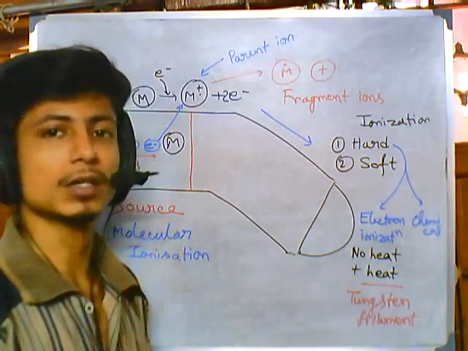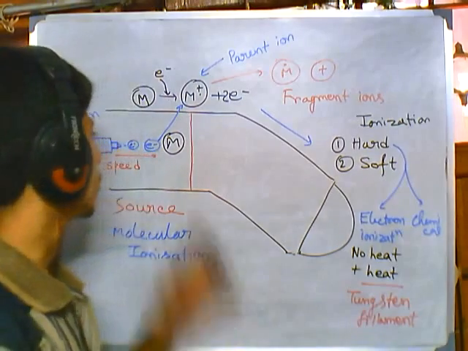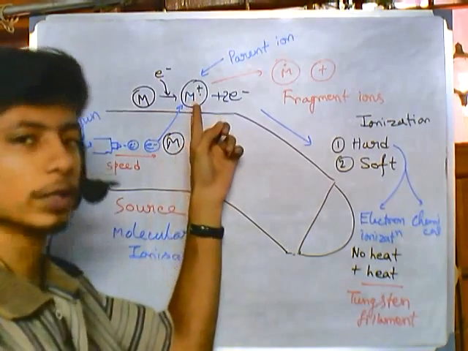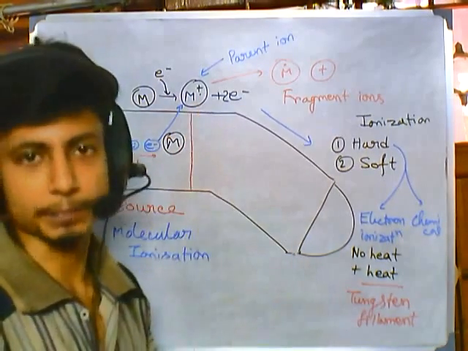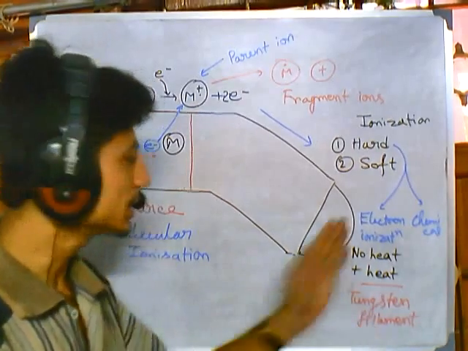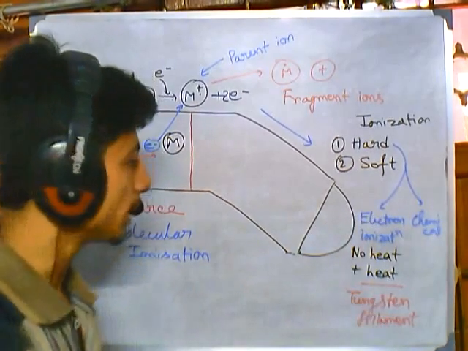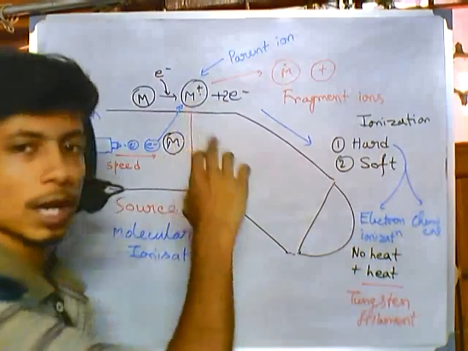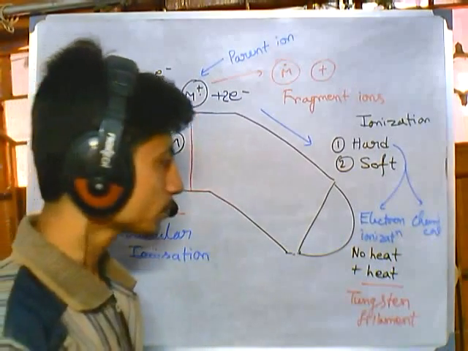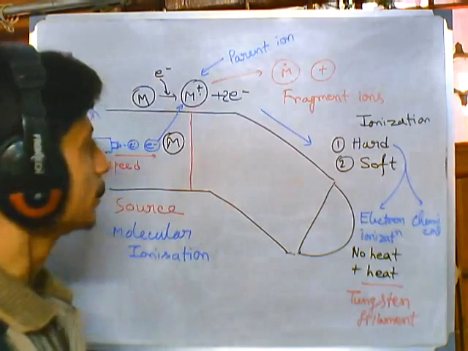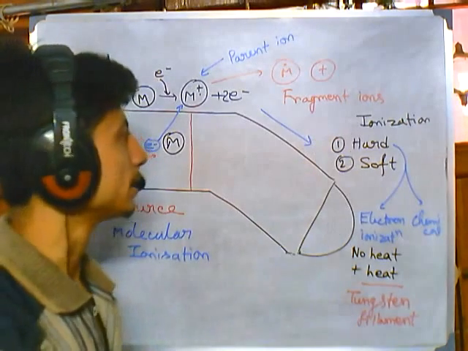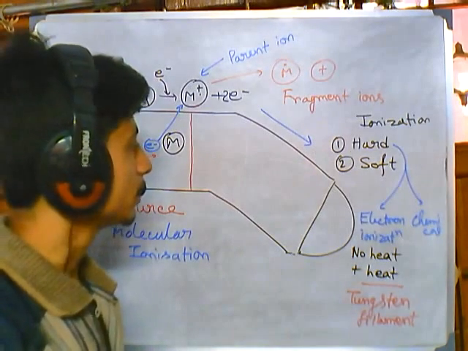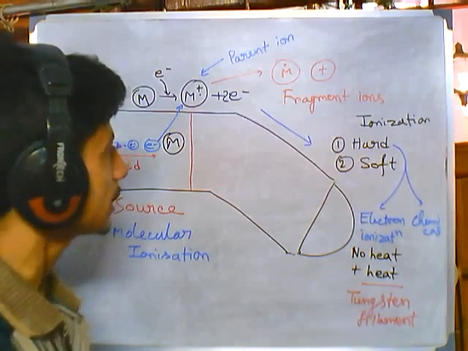It will release electrons, and those electrons are going to go and hit the molecule to produce a molecular ion. The mechanism remains the same, but utilizing heat. So in electron ionization, we can utilize heat as well as no heat to produce the molecular ion from our sample.